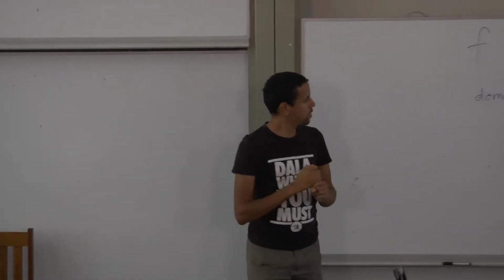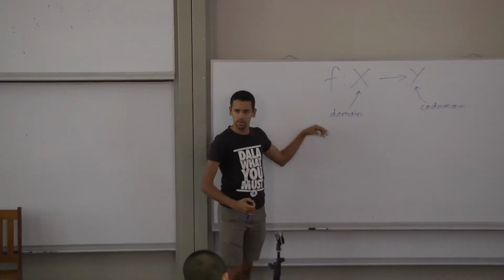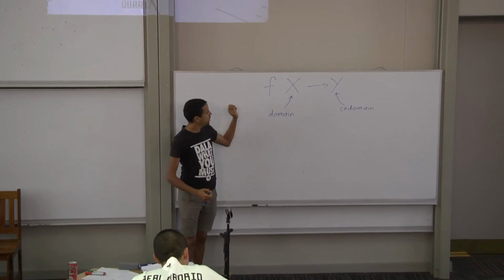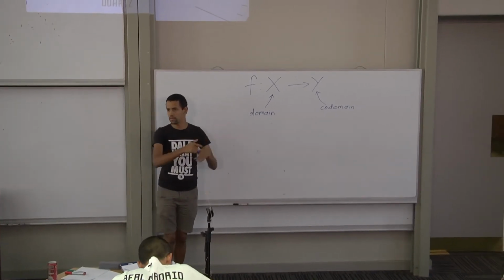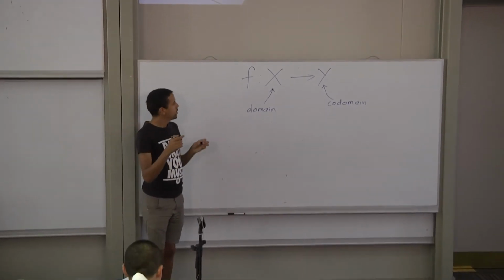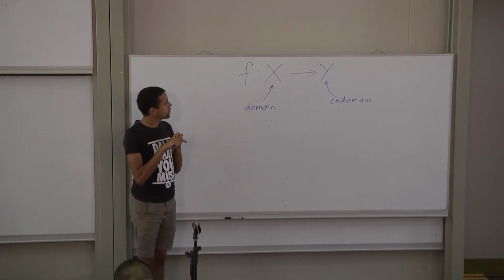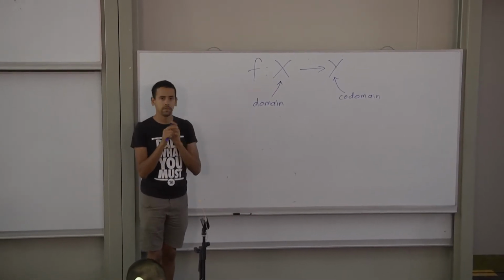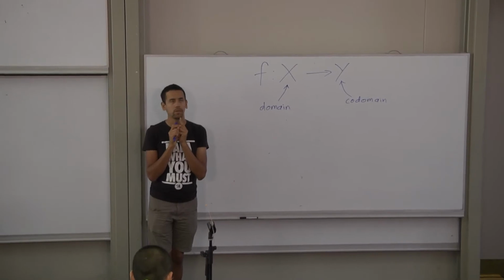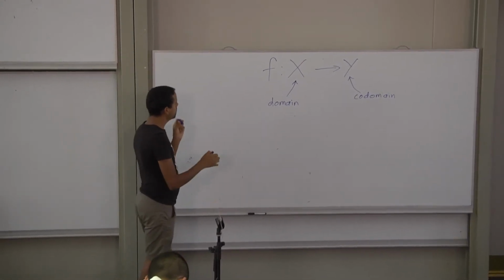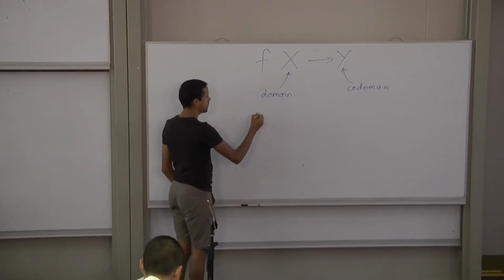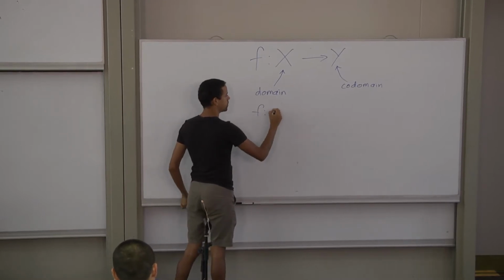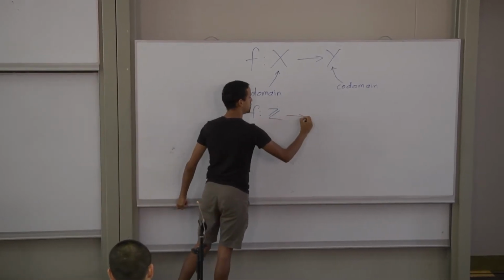Okay, so the domain is where your input values are allowed to be in, and your codomain is what the output values are. So what effects does this have on a functional equation? Well, let's say you have a function from the integers to the real numbers.